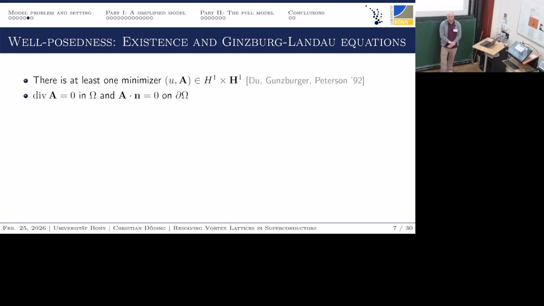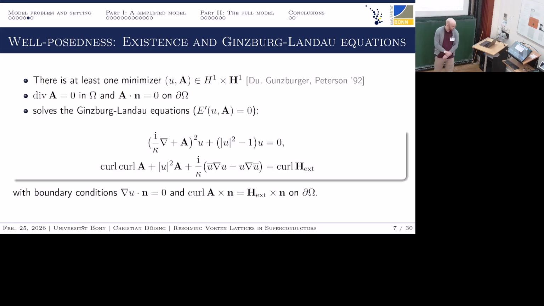And for that reason, it also needs to have a zero normal trace. And since we're looking for minimizers, this minimizer needs to be a critical point. So the derivative of the energy needs to vanish. And if you write this down, you observe the very famous Ginzburg-Landau equations that look like this in some strong formulation in this setting.